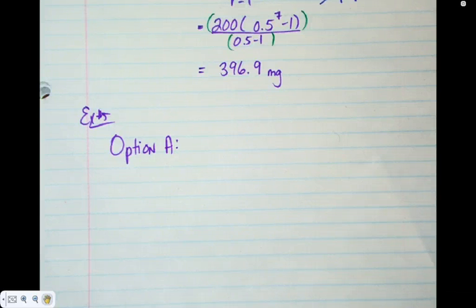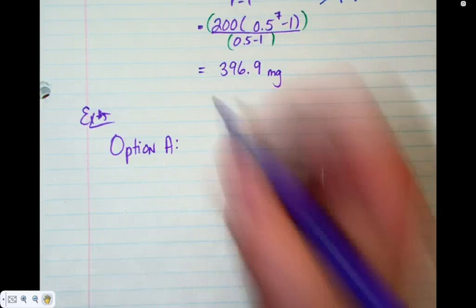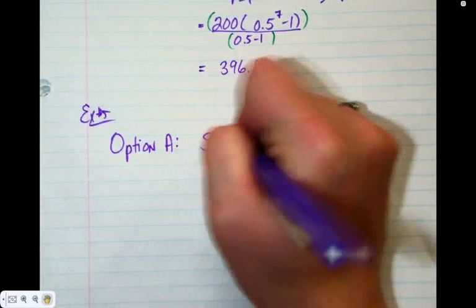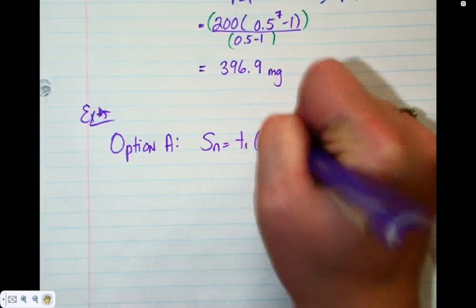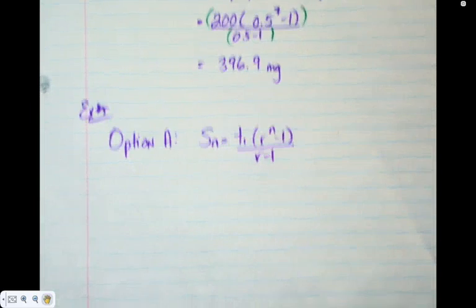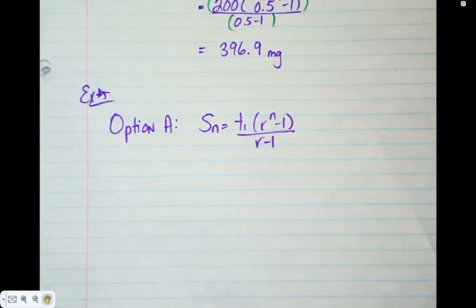Is this a T_n or an S_n? Why is it an S_n? Yeah, we want all that money. We just don't want the amount in 20 years. We want it all. Do we have t1?